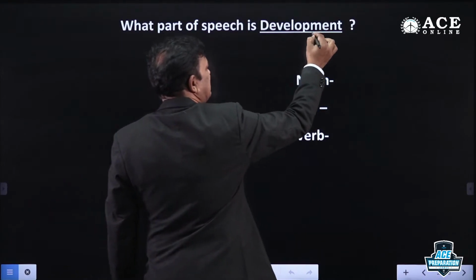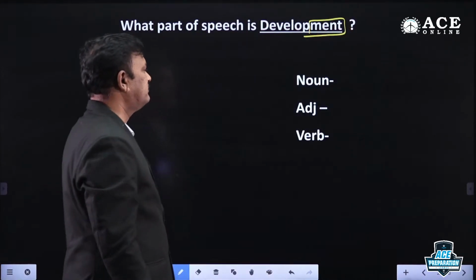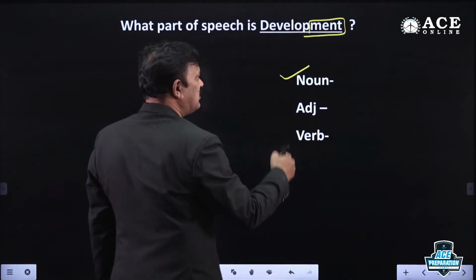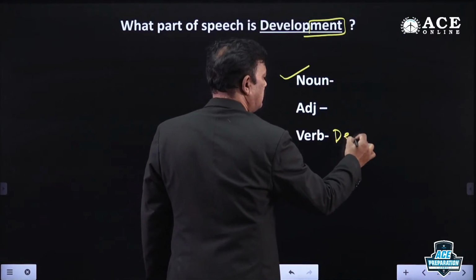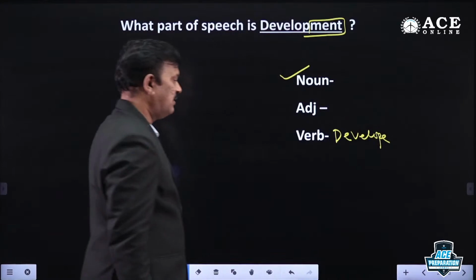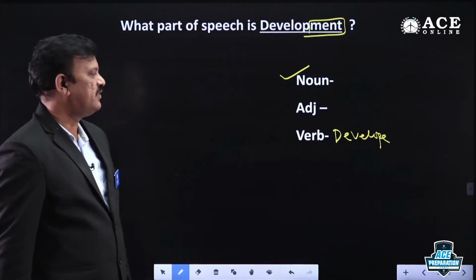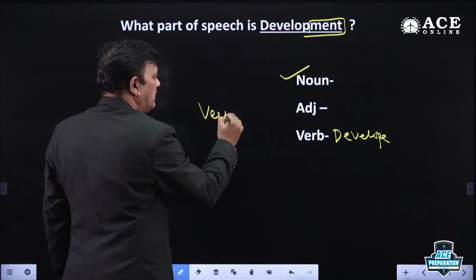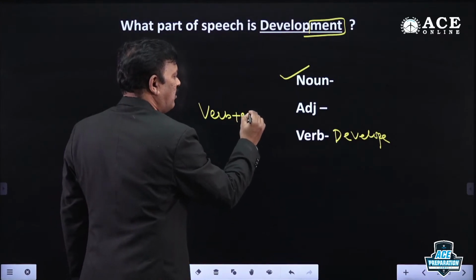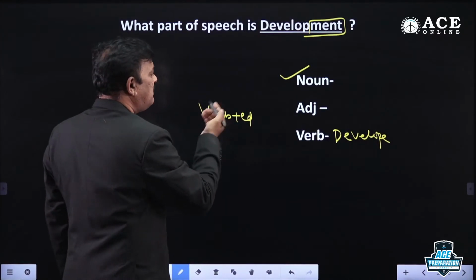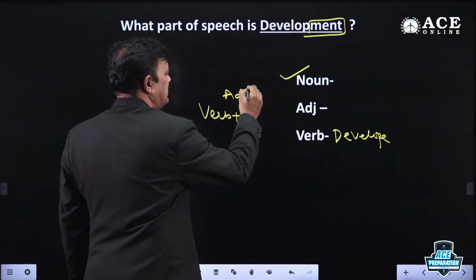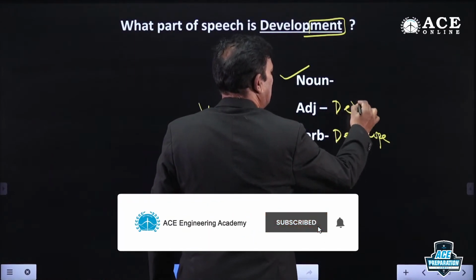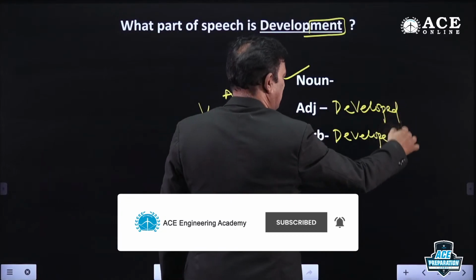What part of speech is development? MENT, noun. Okay. I'll come back to the adjective. Verb: develop. Here guys, there is one more angle. This verb plus ed form, or V3 form of the verb, can be used as an adjective sometimes. Here the adjective form is developed.